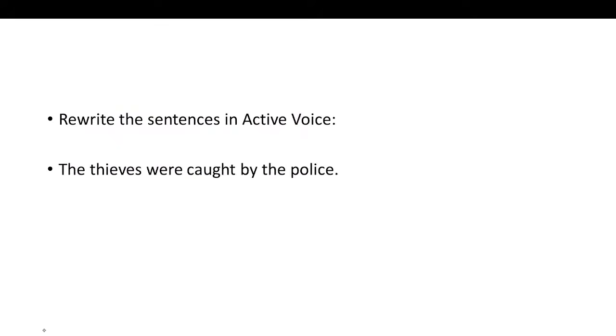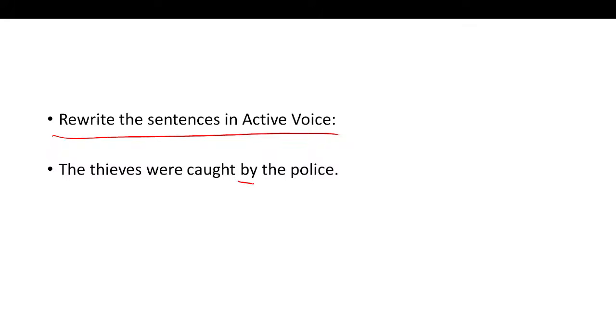Can you answer this question? Rewrite the sentence in active voice. Comment your answer quickly. Rewrite the sentence in active voice.